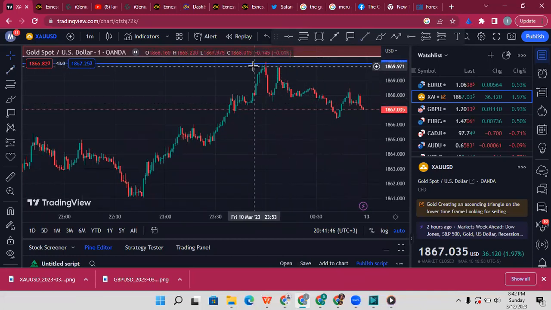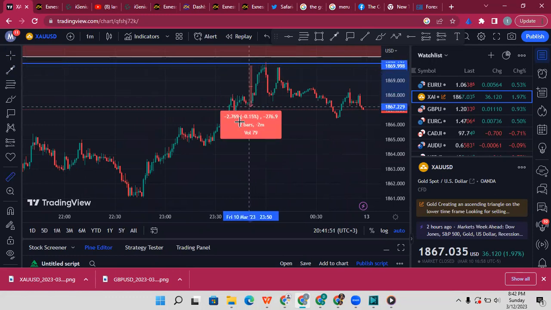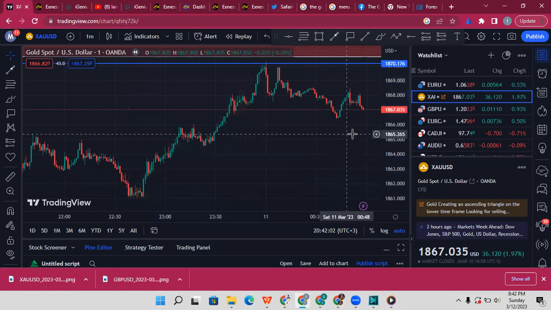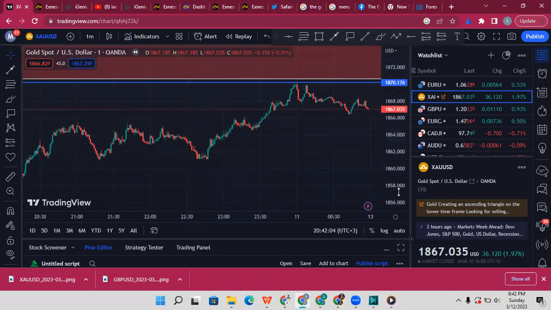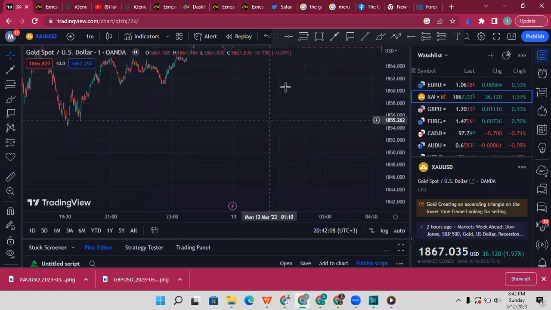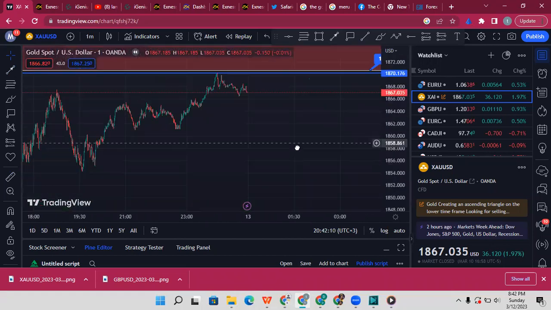So if you take a look at, for example, from this level, holy cow, take a look at that. 89 pips, clear, 89 pips, okay. So if you look at this zone, let's take a look at our trading zone on the 1 minute time frame.